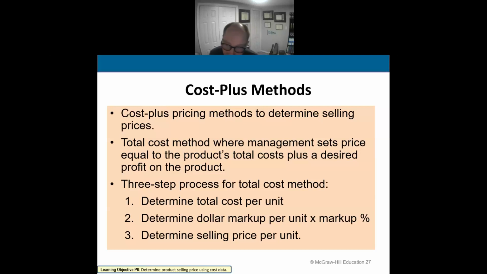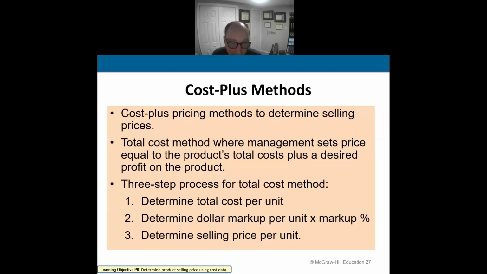Total cost is your raw materials plus direct labor plus factory overhead, my total cost of the product. I find my total cost, and then I add in the profit I want to make from it. That's called cost plus. So the first step is to determine the total cost of the product.